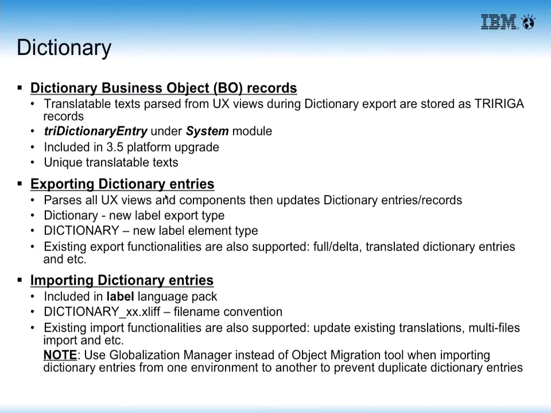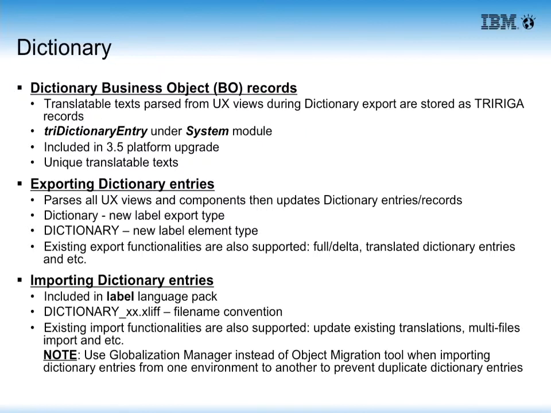During the export process, it parses all the UX views and TRIRIGA components in the system to find translatable text in the files, then creates or updates dictionary records as needed. After which it exports the dictionary records to our standard XLIFF format.